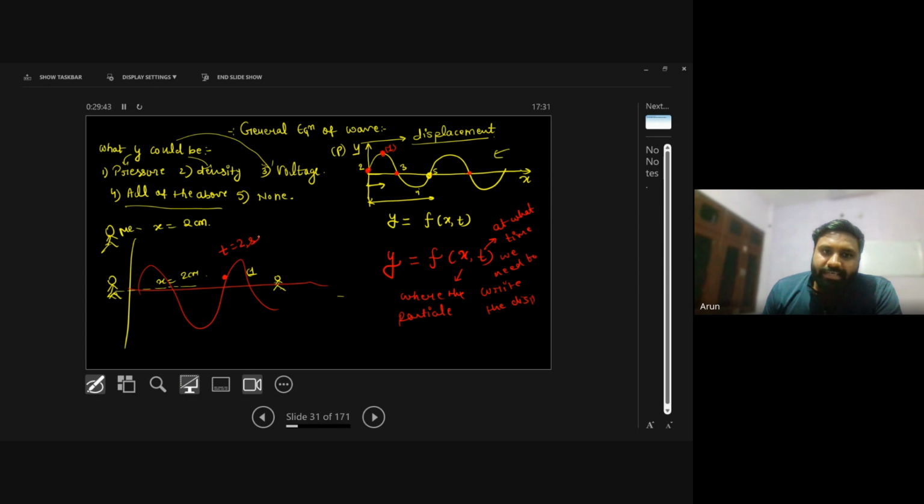So at 2 seconds, at x equals 2 centimeter, this particle is here. So the displacement of this particle is this. Okay, this is the context, and I will say this is the concept of the wave function.